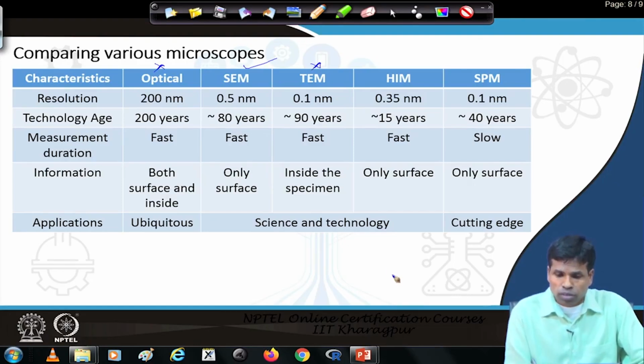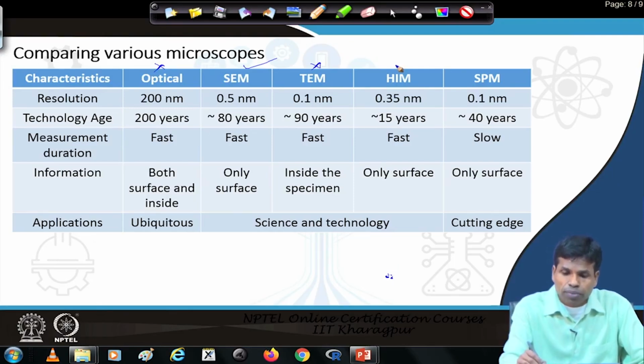That means if two objects are placed as close as 0.1 nanometer from each other, we can see those two objects distinctly as different objects. That is what a resolution of 0.1 nanometer means.